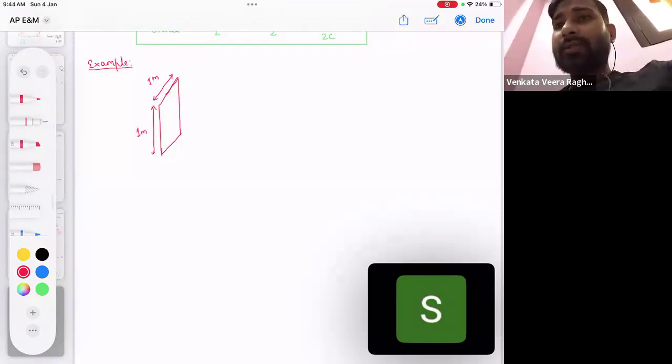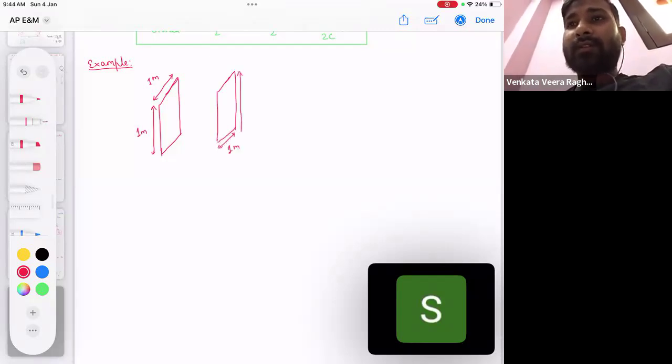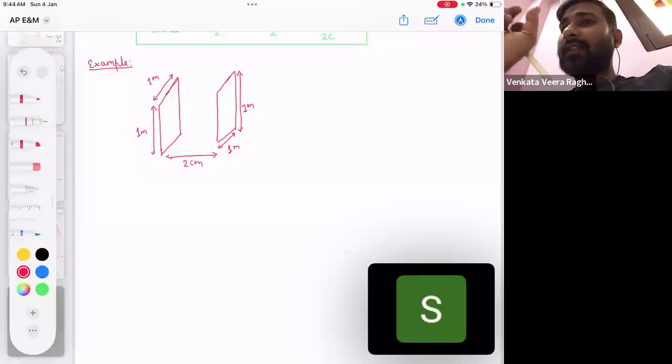This is also the same, 1 meter cross 1 meter. The gap between the plates of this capacitor is how much? 2 centimeter. It's a very small gap.